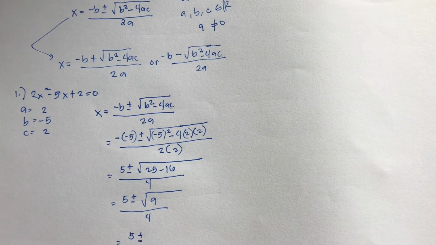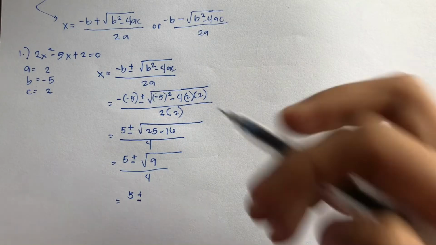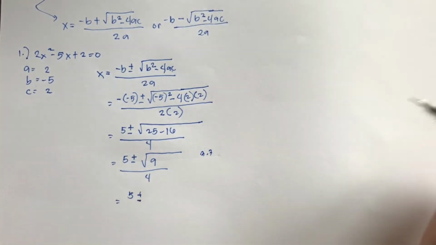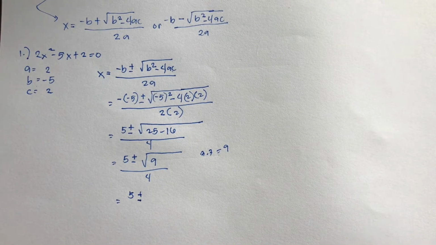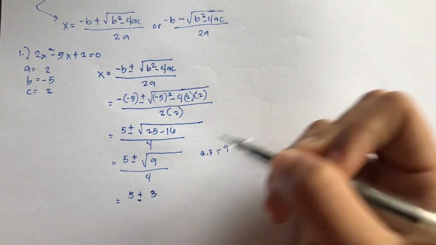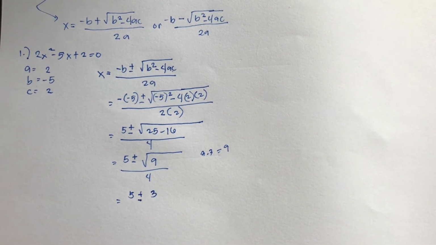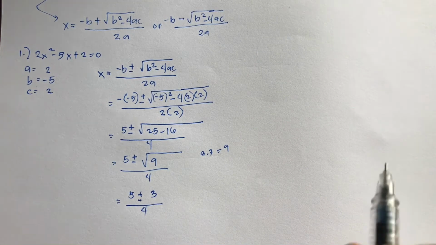What is the root of 9? That's 3, since 3 times 3 is equal to 9. Since it is a perfect square, we can take it out of the radical sign. And then we have 4.